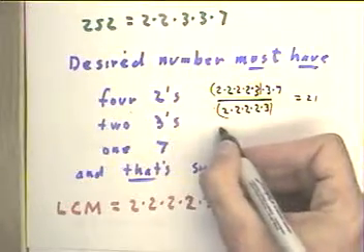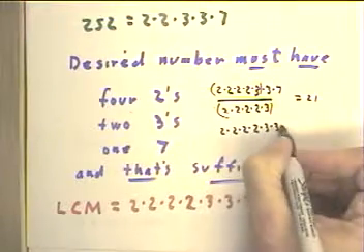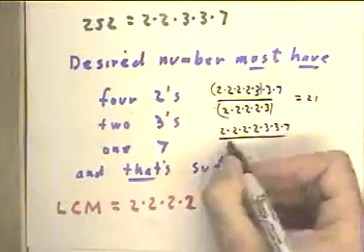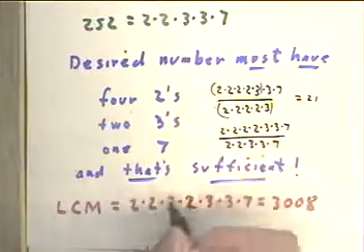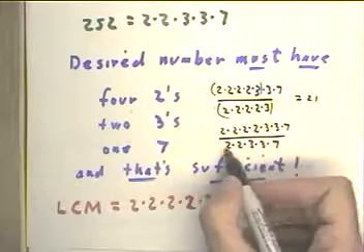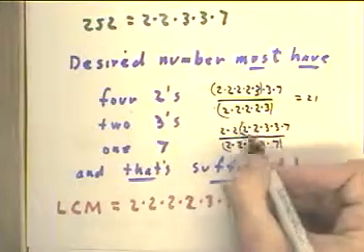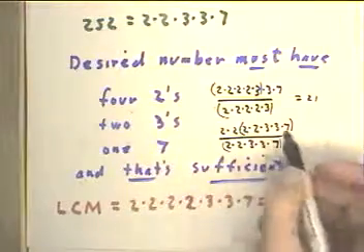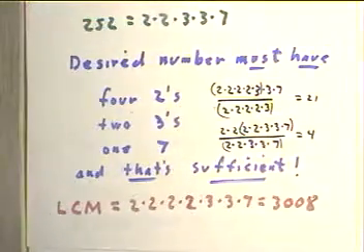And if we do the same thing with 252, we'll be able to group all these numbers, turns out, with these numbers, and we'll end up with 2 times 2, or 4.